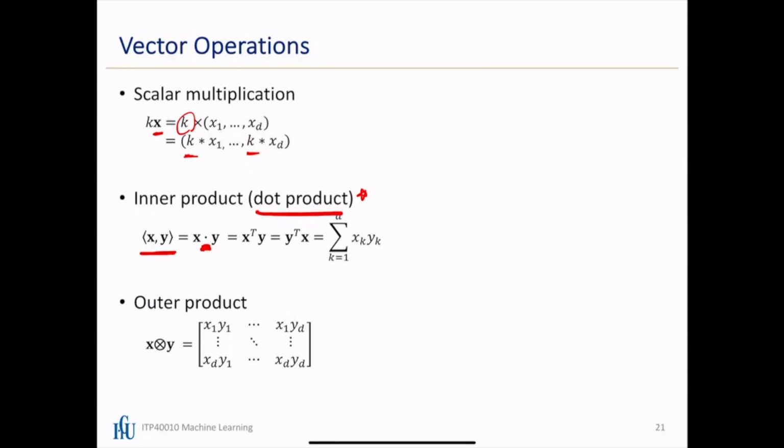In terms of the linear algebra notation, you have two vectors in the same shape. In order to make this multiplication work, you need to change the shape of one of them. That operation is called the transpose. You have two vertical vectors, and you need to make one horizontal.